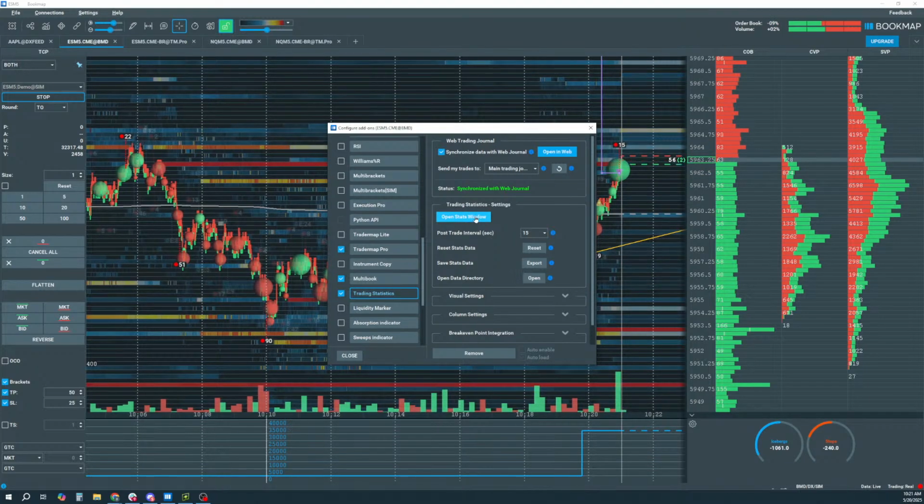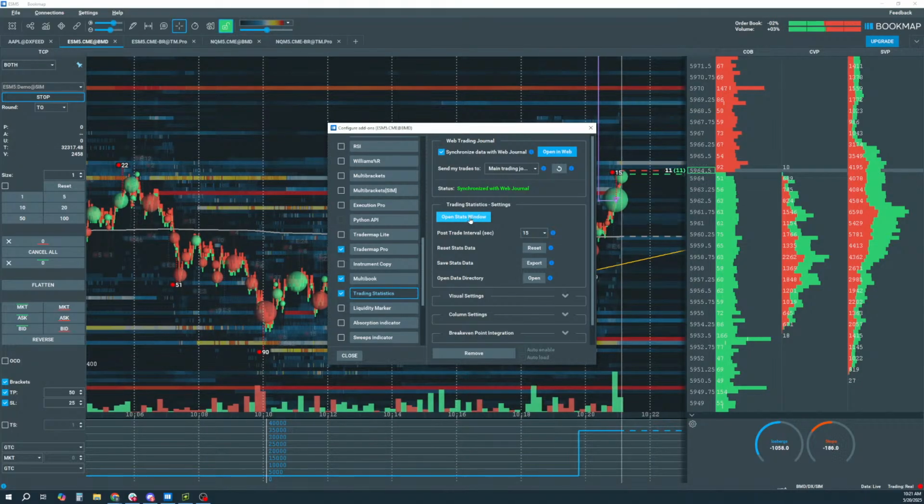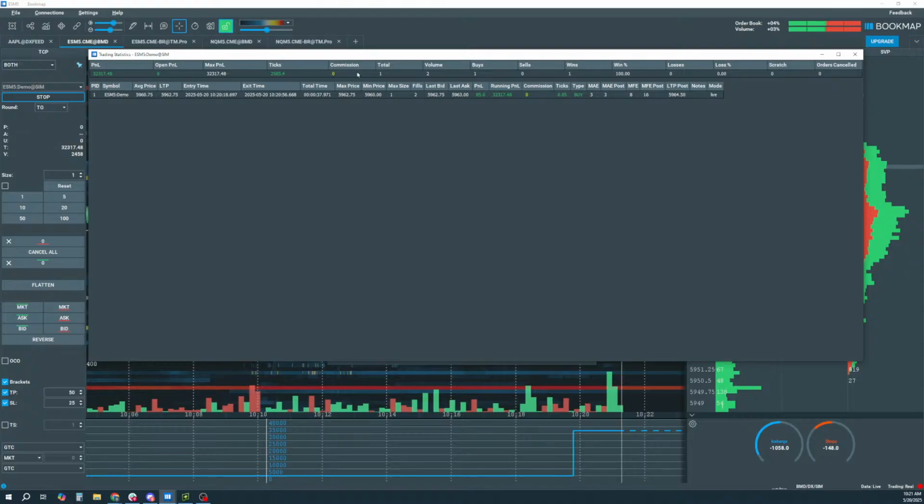So we have a trade example to go through. Open up the trading statistics window here, stats window. Here's our trade. This is the overall P&L for the demo account. Okay, and here's our individual trade here.